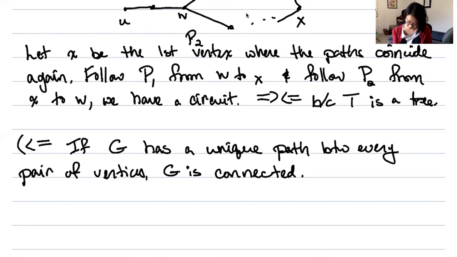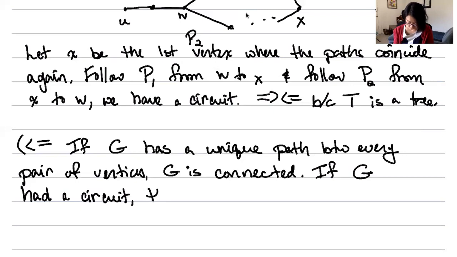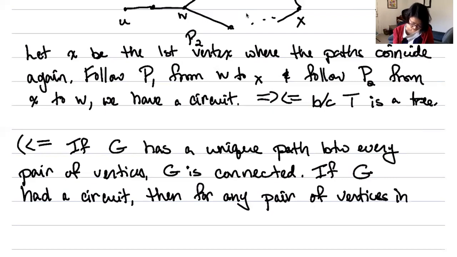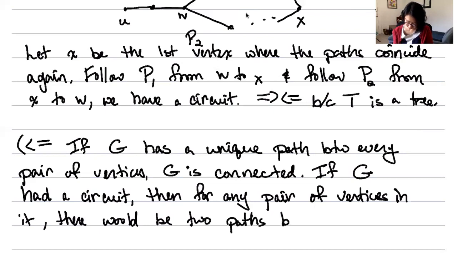Okay, so if G had a circuit, then for any pair of vertices in it, there would be two paths between them, okay?